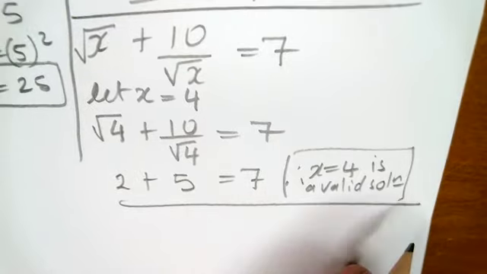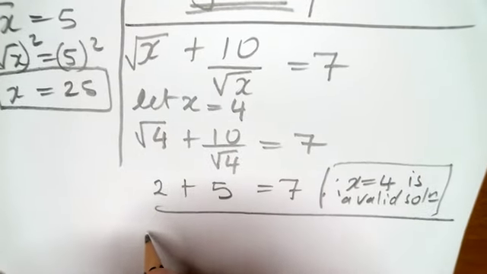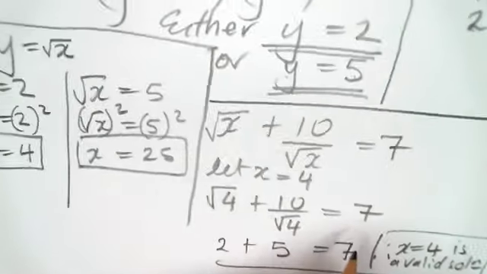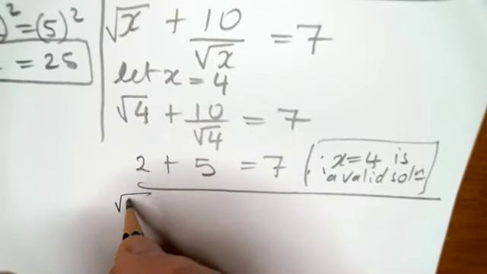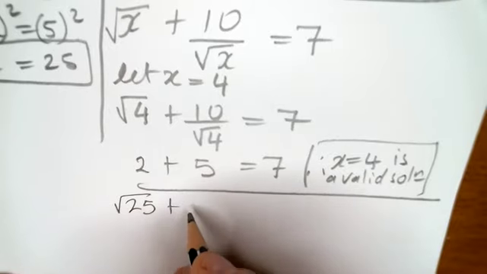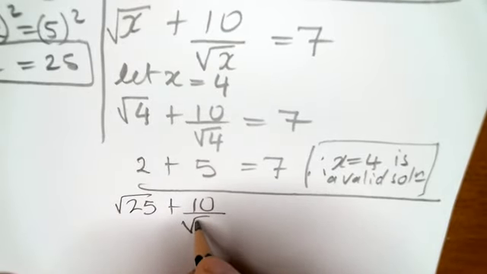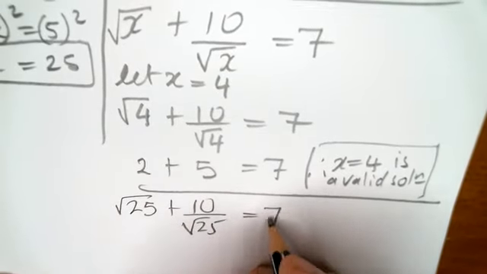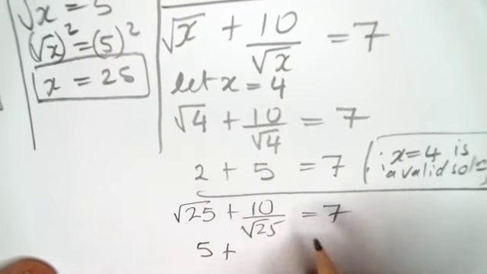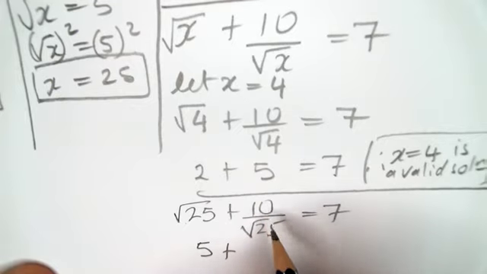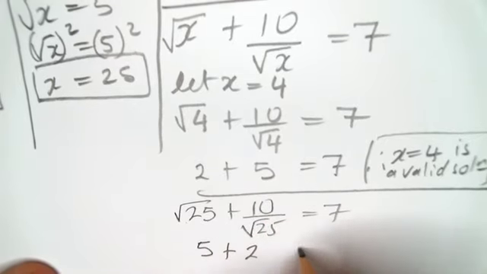All right, let's try the other one, where we're going to try x is 25. So we're going to say root 25 plus 10 over root 25 is equal to 7. Is that true? Well, root 25 is 5, plus 10 over 5 is 2, equals 7.